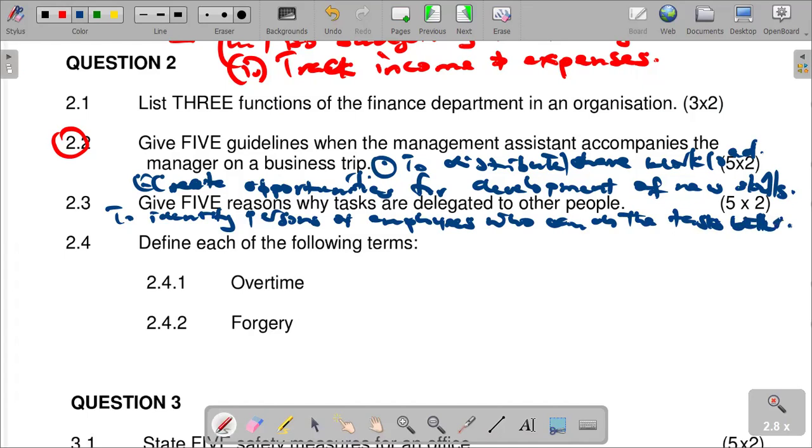Delegation is when work is given to other people other than the ones who are used to doing it. So when we give it to other people who can do it much better, it actually profits the organization.